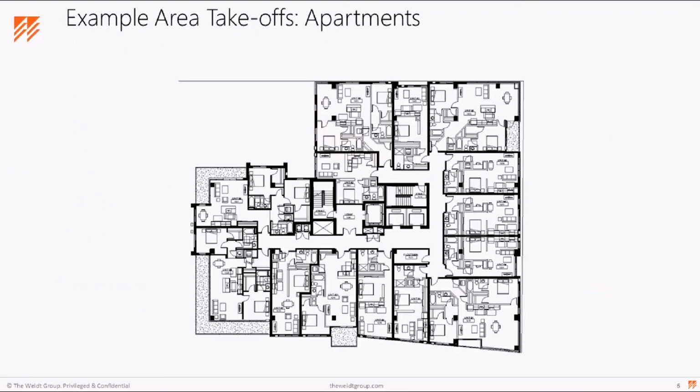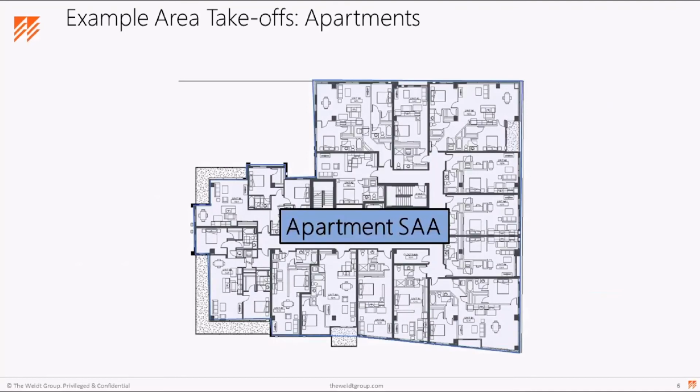Here are some examples to help further illustrate the difference between those space asset areas that act more as space types and those common space asset areas. So here we have an apartment building example. If you looked at this floor plan, you may be inclined to just make this entire area an apartment space asset area. However, you would be overestimating the loads associated with those corridors to get occupants to and from the apartments.